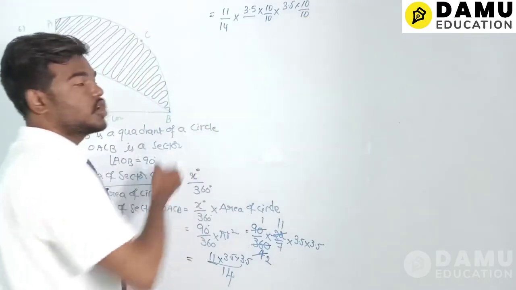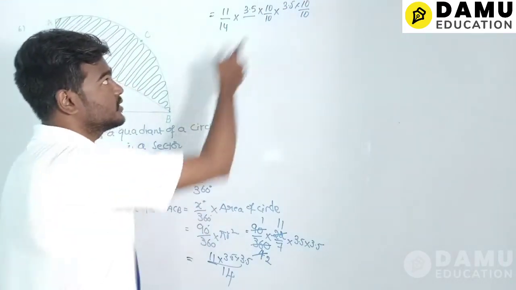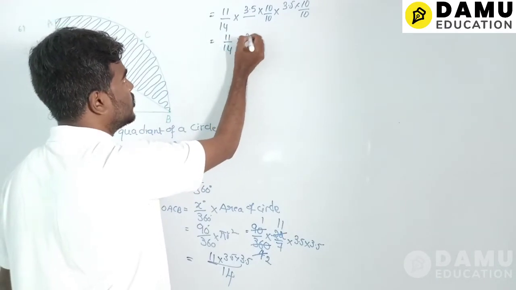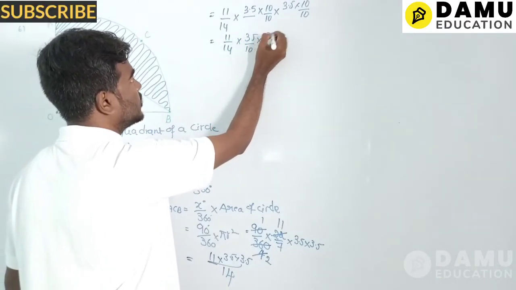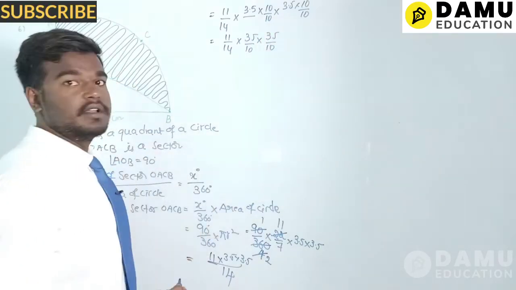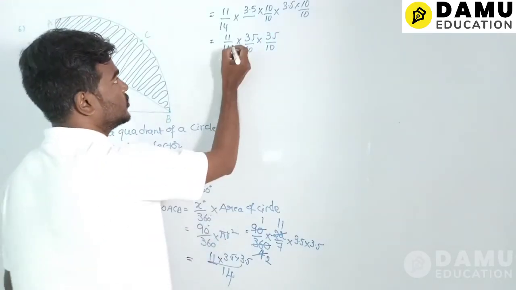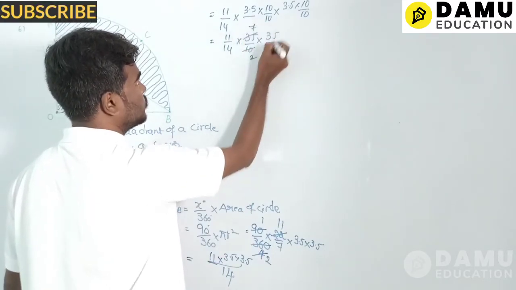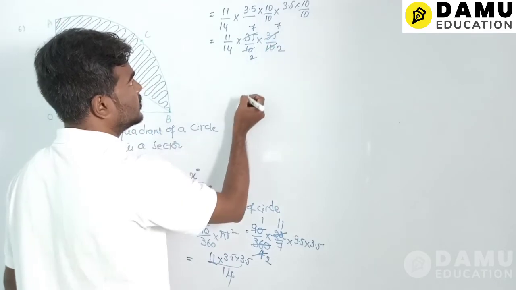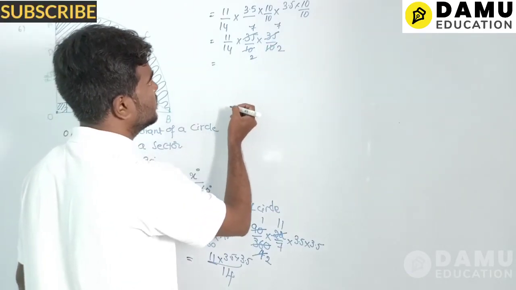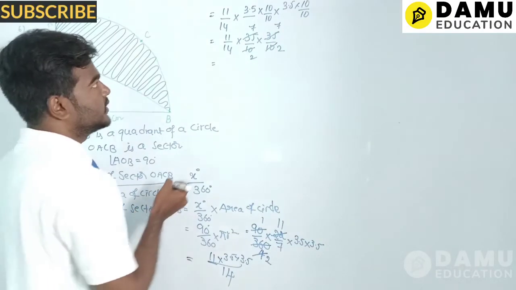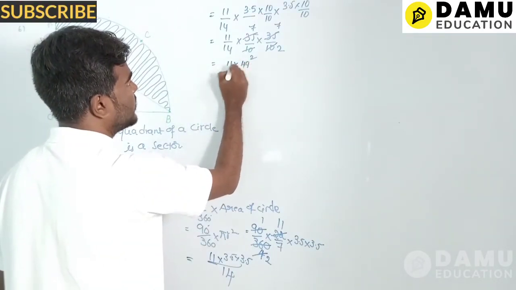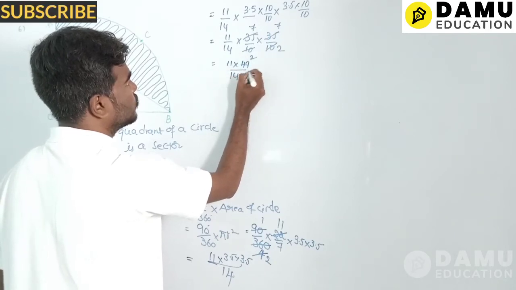Can you write it like this or not? Why? Because the 10 will cancel and 3.5 will remain as it is. So 11 by 14 into 35 by 10 into 35 by 10. By which can we cancel it? 5 7s are 35, 5 2s are 10. So what answer are we getting? 7 by 2, 7 by 2, that is 11 into 7 7s are 49 by 14 into 2 2s are 4.